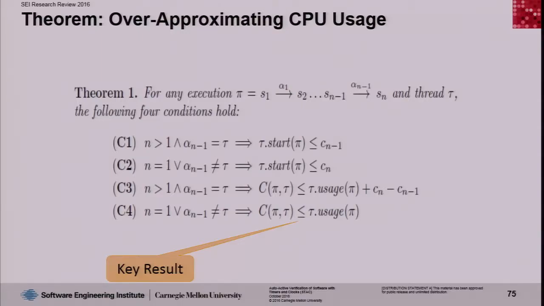I'm not going to explain this theorem in more detail, but this is the key result. It's the most important part here, which shows that the actual CPU usage of a thread can be over-approximated by some ghost variable. So you can do accounting using extra variables that over-approximate the CPU usage. And then if you set your timer using this value, which is an over-approximation of CPU usage, then you can prevent the actual CPU usage from ever exceeding the budget. And that's the key idea.